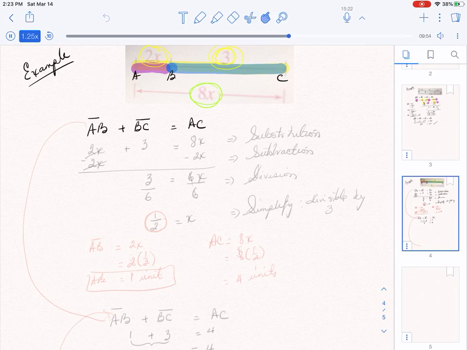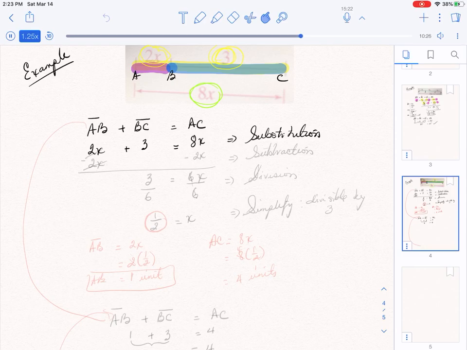I'm going to have length AB as 2x, and length BC as 3, and length AC is 8x. You need to solve this, and what we do is substitution. I want to solve for what x is, and the moment I know what x is, I know exactly what each measurement is.